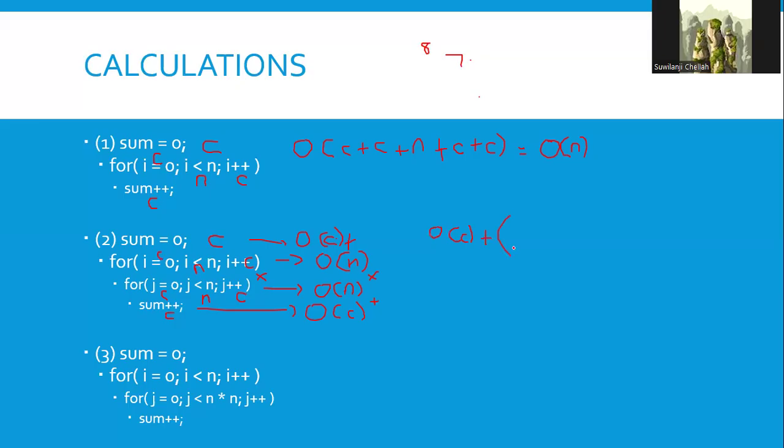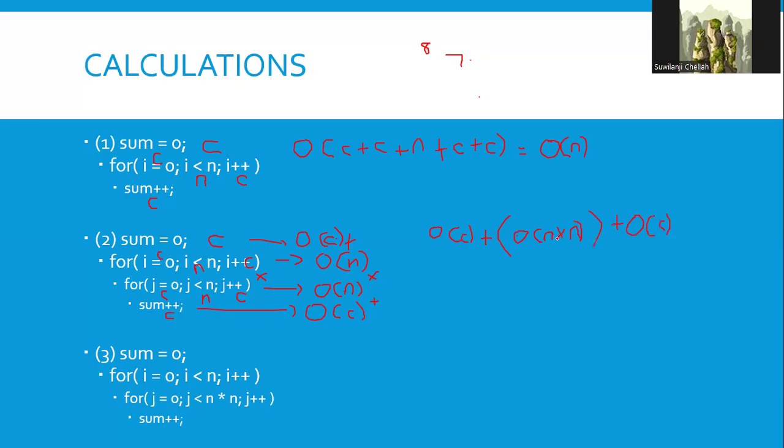By rule number 1B, we say that if we have big O of C there, plus, let's nest this one, big O of N multiplied by N, plus big O of C again there.